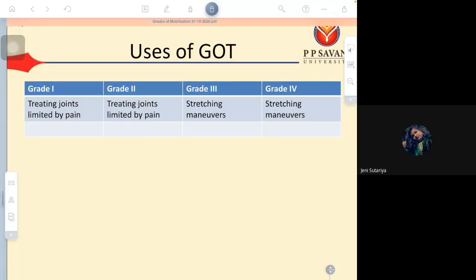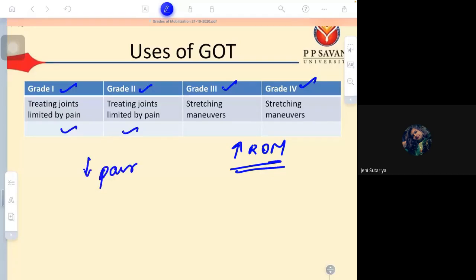That is the main use of grades 1 and 2. And what about 3 and 4? It increases the range of motion. Grade 3 and 4 increase range of motion; 1 and 2 reduce pain.